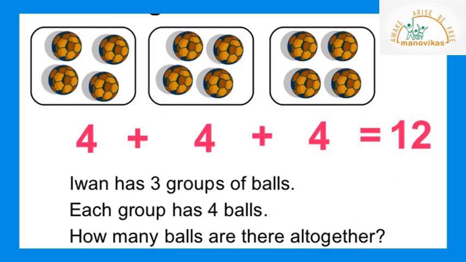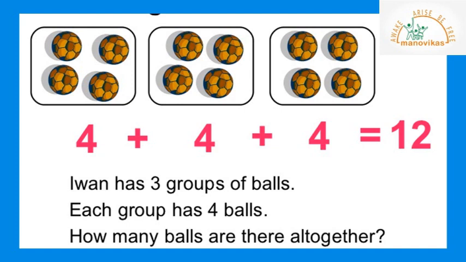In a third example, you see some footballs. There are about 12 footballs. 1, 2, 3, 4, 5, 6, 7, 8, 9, 10, 11, 12. 4 footballs in each group. They are equally grouped with 4 footballs each.